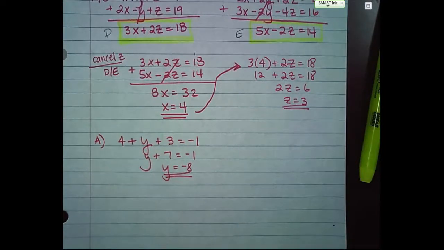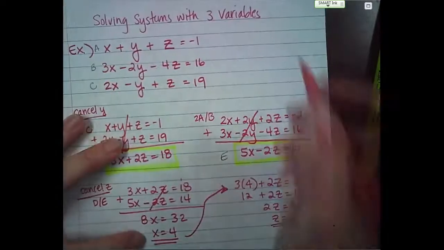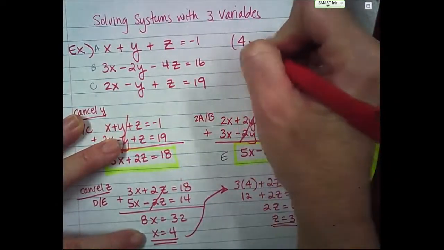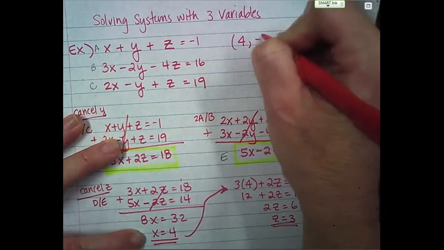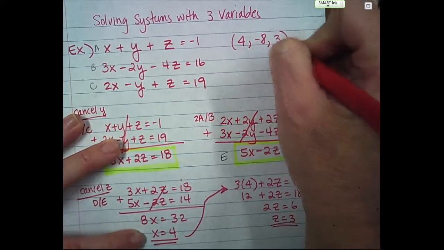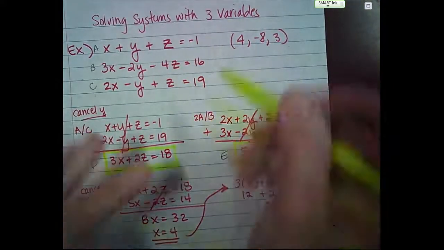How do you think I'll write the answer? Yep. What do I do? That's right. Yeah, X, Y, Z, all 3. Okay? So if you write them down, good job guys, you know that 4 is X, -8 is Y, and 3 is Z. This is your answer.